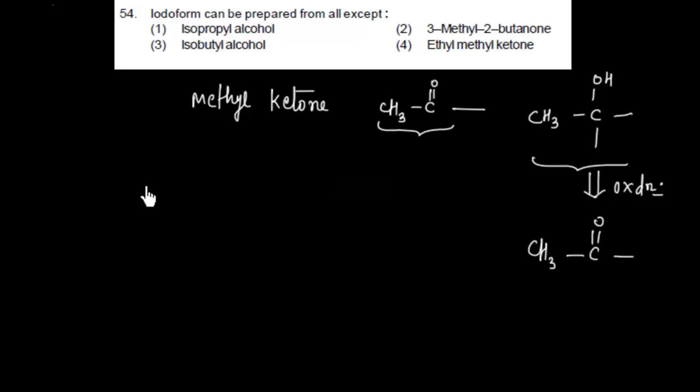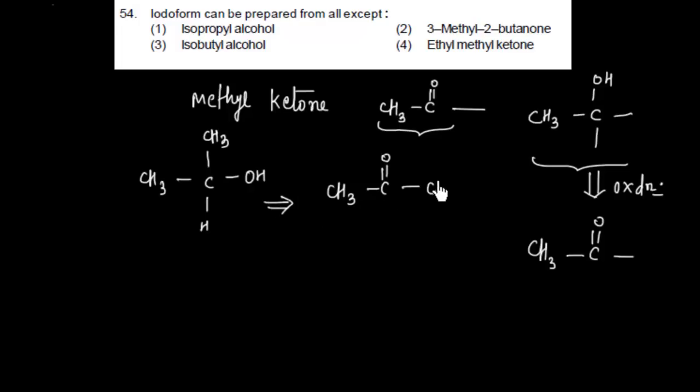Now the first is isopropyl alcohol. So this is CH3CH(OH)CH3, your isopropyl alcohol. Now if it gets oxidized, it will form CH3COCH3.